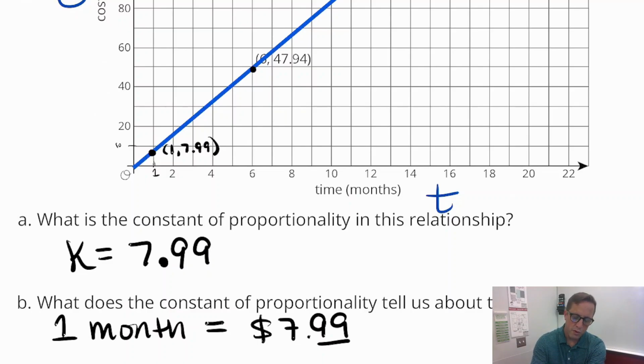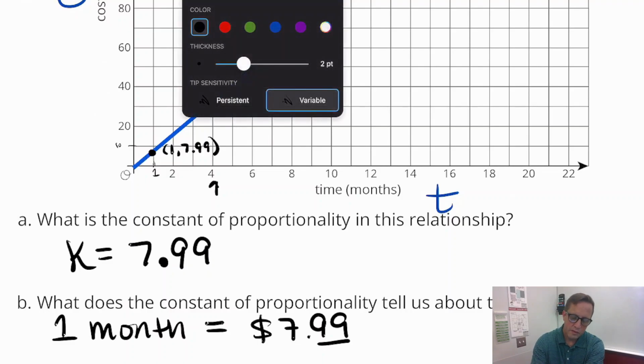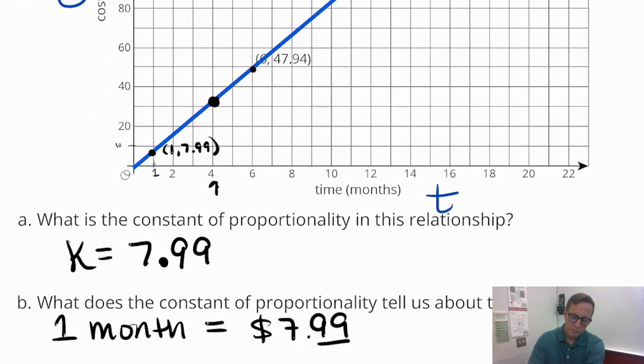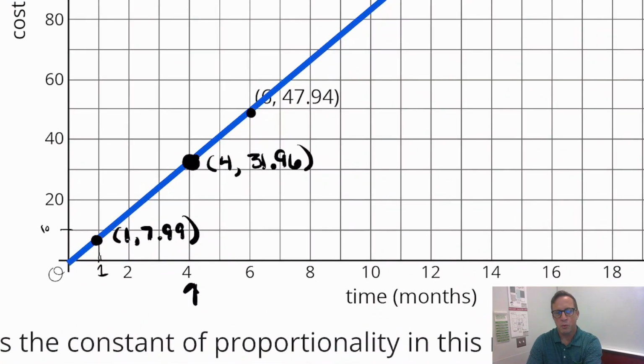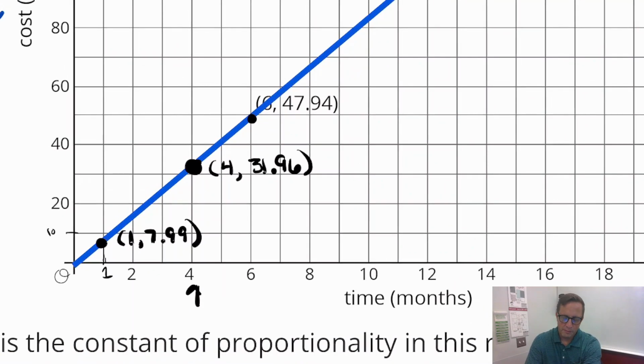So I'm going to do 4, right there. That's 4 on the x, well, it's really t for time, and that's $31.96. Now, you don't have to put dollar signs when we're labeling coordinates.